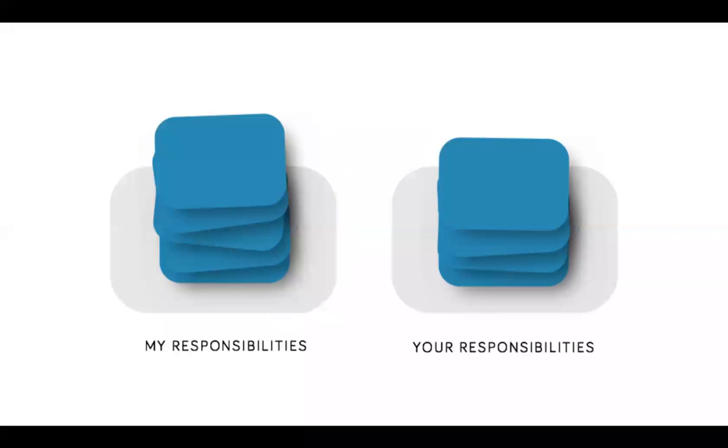It can also be used for talking about whose responsibility things are, using different stacks to understand what my tasks are, what yours are, and who's responsible for which things.